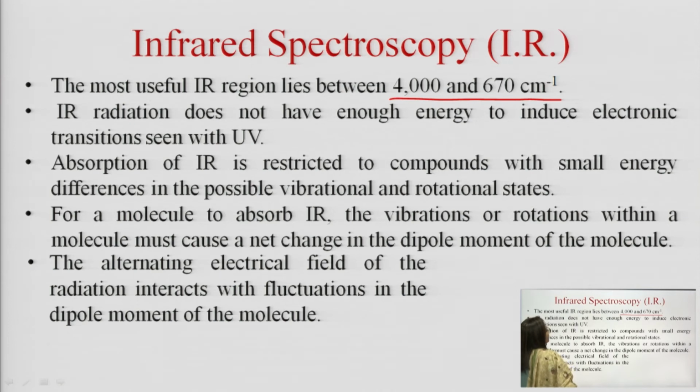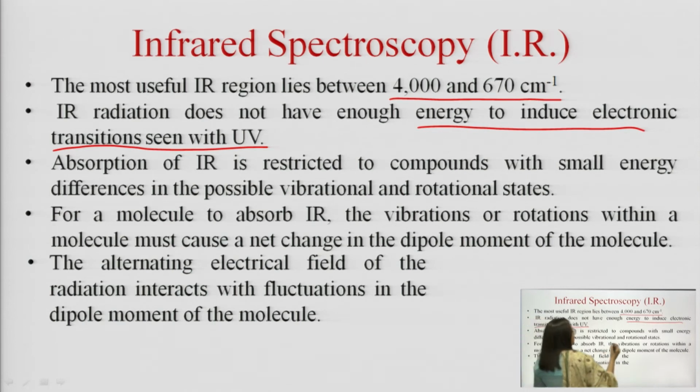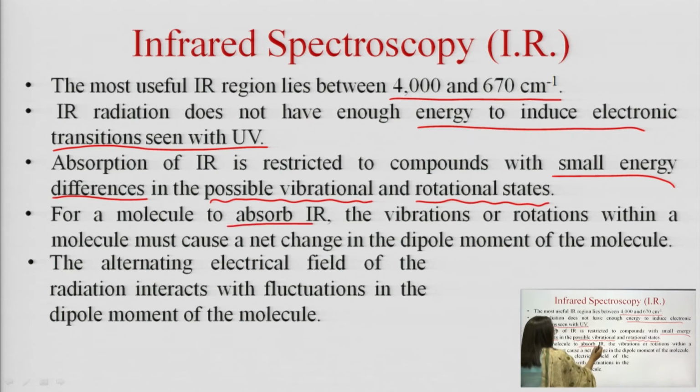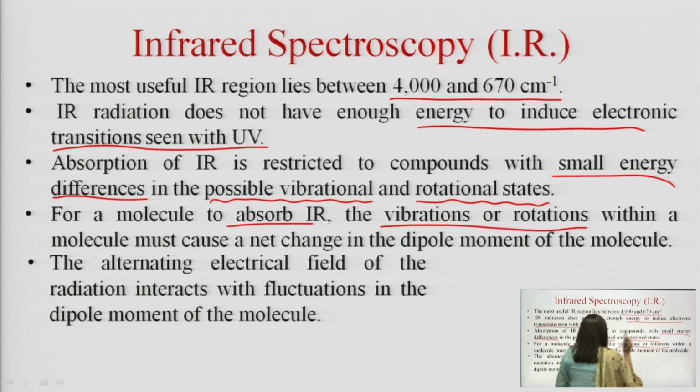The IR radiation does not have enough energy to induce electronic transitions seen with UV. So, absorption of IR is restricted to compounds with small energy differences in the possible vibrational or rotational states. For a molecule to absorb IR, the vibrations and rotations within a molecule must cause a net change in its dipole moment.